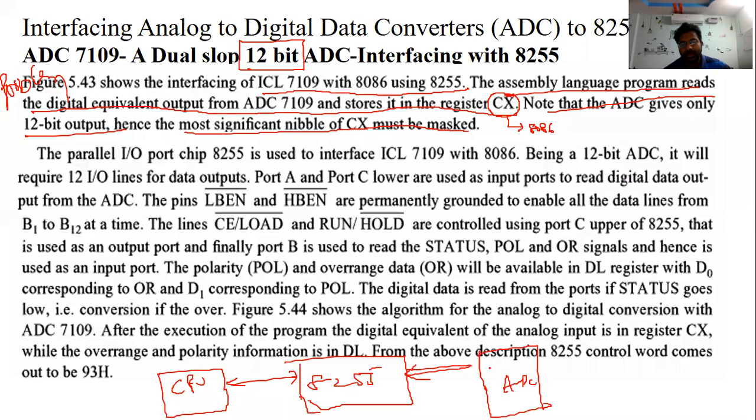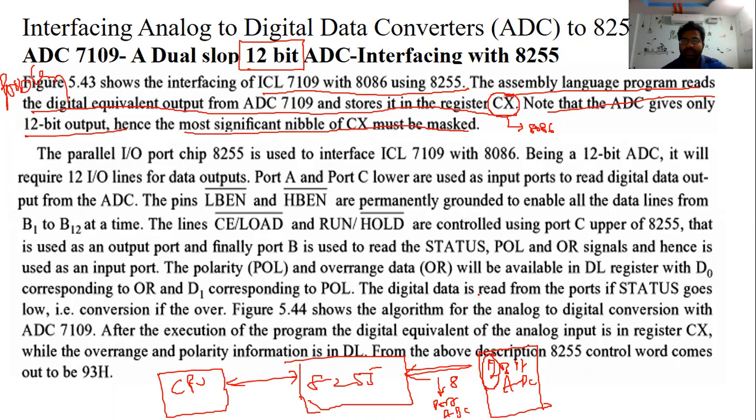The ADC is 12 bits. What is the size of the ports? Port A, B, C, you have 3 ports available, but each is only 8 bits, while here 12 bits are needed. So you combine bits from another port for this purpose.